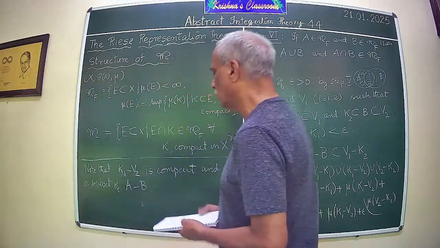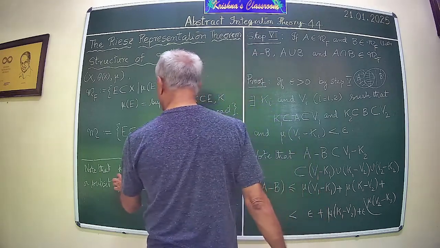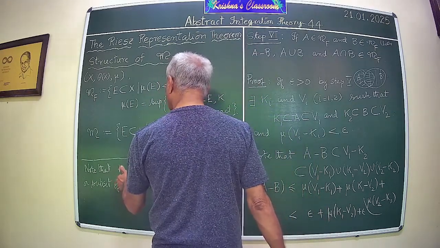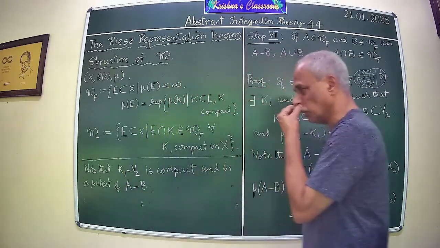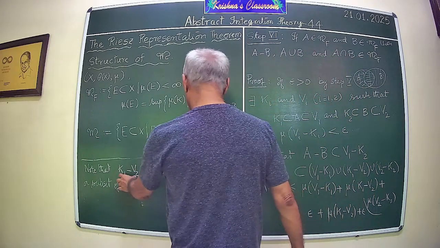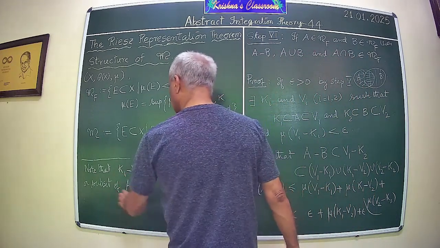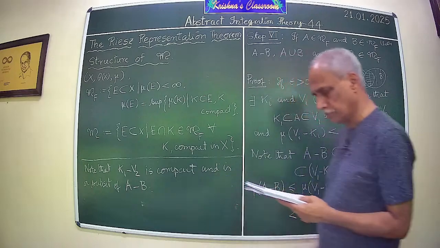This is closed and a part of K1. K1 is compact, therefore this is also compact. That's the argument. And it is a subset of A minus B. That's very easy to see.